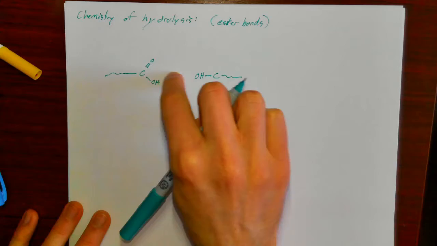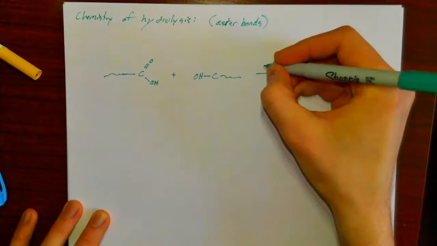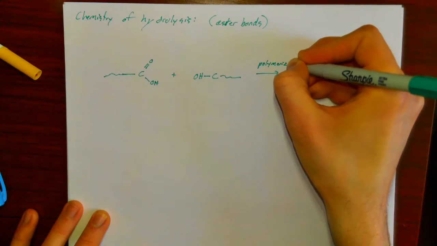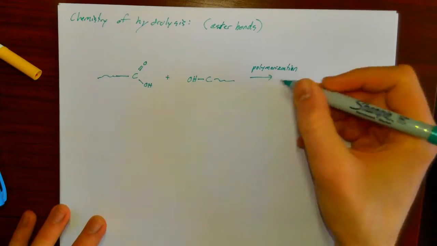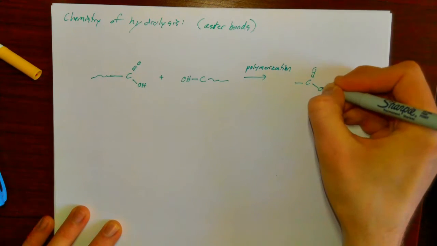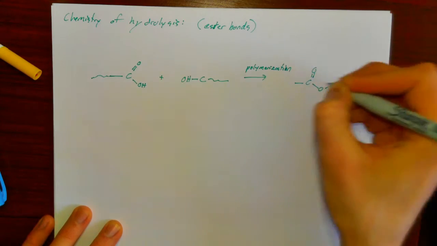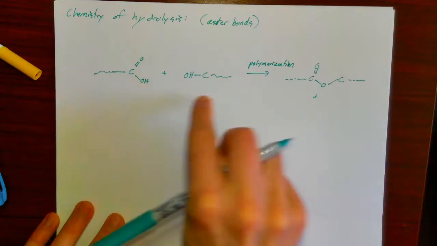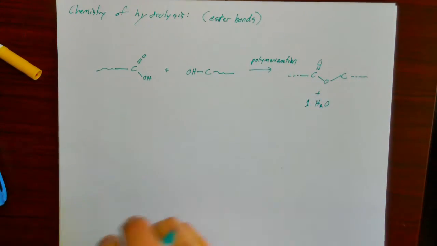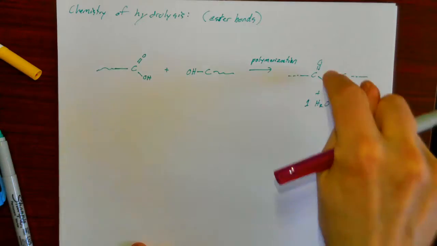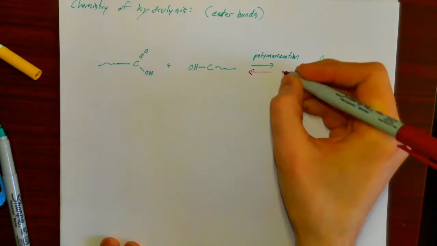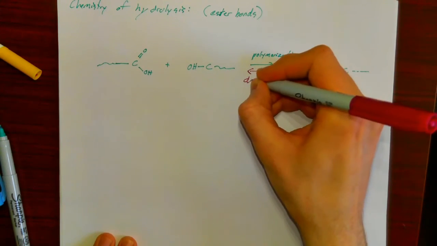When these reacted together in the forward reaction, which we would call polymerization, they reacted together to form COOC plus an H2O, so one H2O. But if you consider an H2O interacting with this bond here, they react in the reverse direction, which is what we would call degradation.